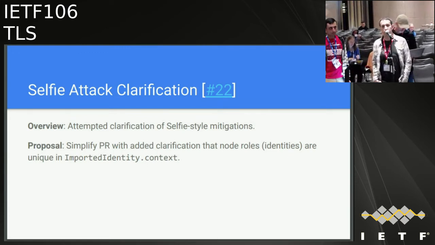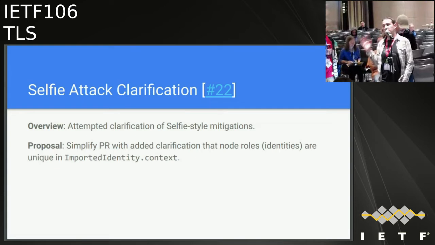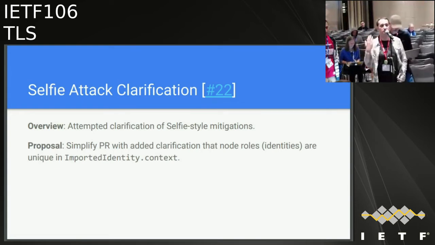Go ahead, Jonathan. Jonathan Hoyland, Cloudflare. I think the only thing we need to make sure doesn't happen, and this is what I feel is the underlying cause of selfie, is that people assume that role and identity are in some way tied.